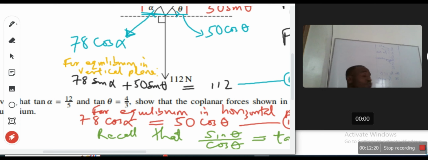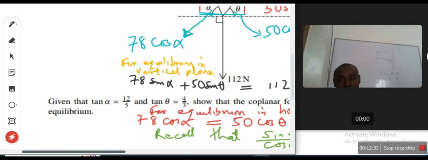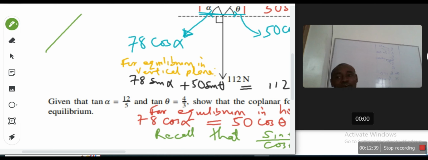Instead, I will ask you to get cos alpha. If tan alpha is 12 over 5, what is cos alpha? You may want to do that, even though it's too much work. You can use sec squared minus tan squared. Oh, okay.